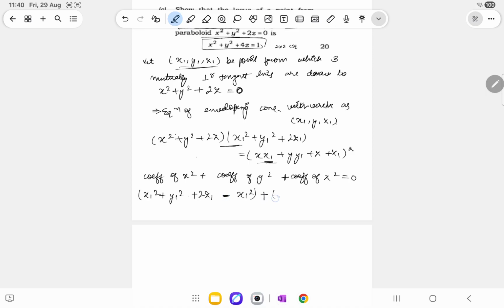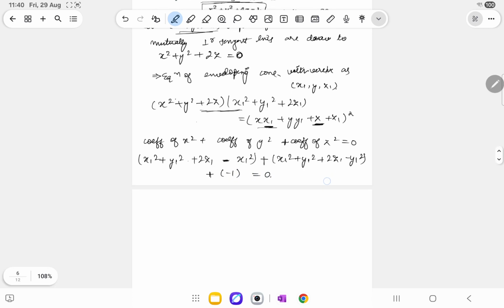Likewise, the coefficient of y square will be x1 square plus y1 square plus 2z1 minus y1 square, plus the coefficient of z square: on the left hand side there is no term with variable z square, and on the right hand side it will be 1, so that gives minus 1 is equal to 0. If I simplify it, I get x1 square plus y1 square plus 4z1 minus 1 is equal to 0.